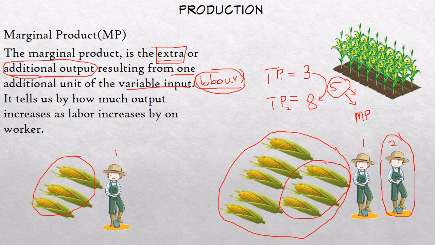My maize has now increased from 3 to 8, so I have now gotten 5 additional maize. That is what the marginal product is: the extra output from employing one more variable input.